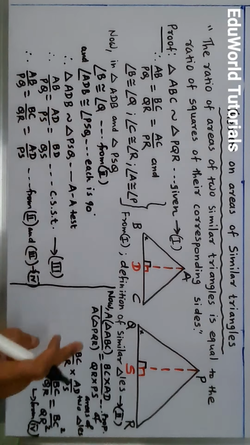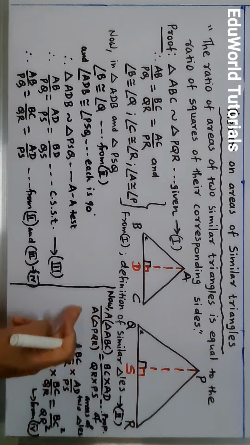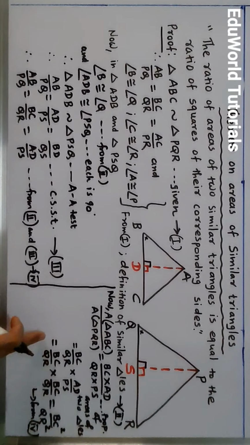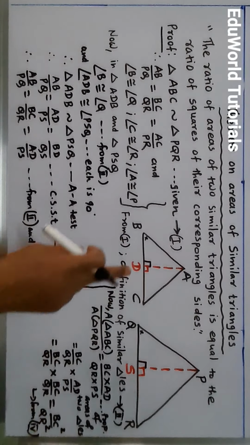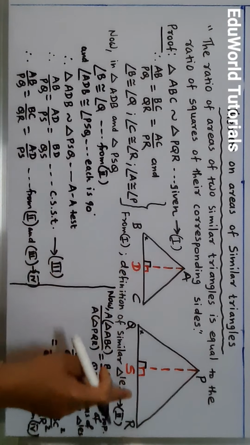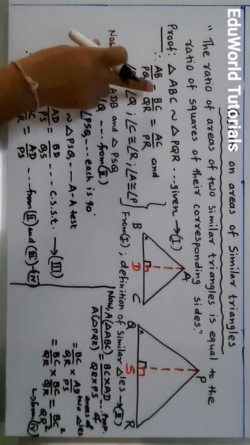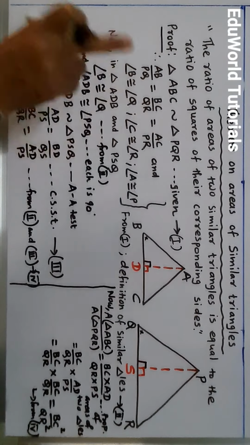So it is proved that the ratio of areas of two similar triangles is equal to the ratio of squares of the corresponding sides. Here the corresponding sides which we proved are BC and QR, but we have written earlier, see here, BC upon QR is also equal to AB upon PQ. It is also equal to AC upon PR.